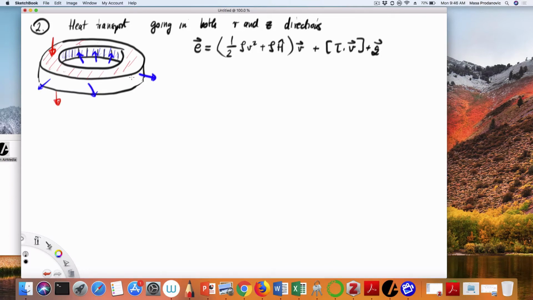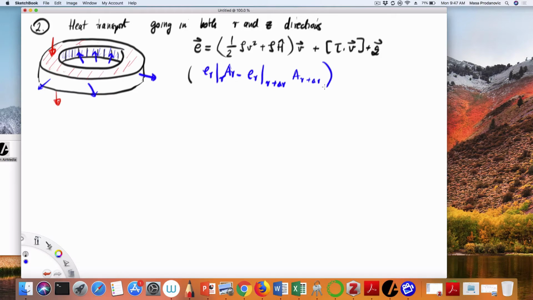All right, so basically I'm just going to write down the balance. My r component is e_r. This e_r is going to be negative if it needs to be, right? Minus e_r, multiplied by area at r equal to r, and then area at r equal to r plus delta r.